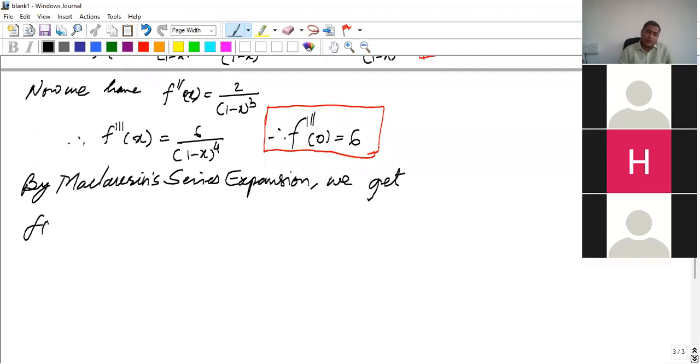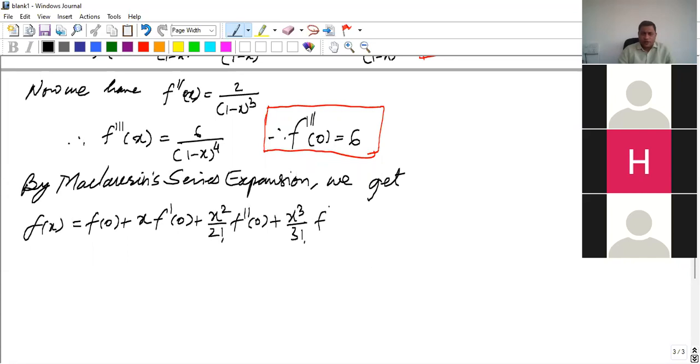What we are able to get is f of x equal to f at 0 plus x f dash at 0 plus x square by 2 factorial f double dash at 0 plus x cube by 3 factorial f triple dash at 0 and so on.